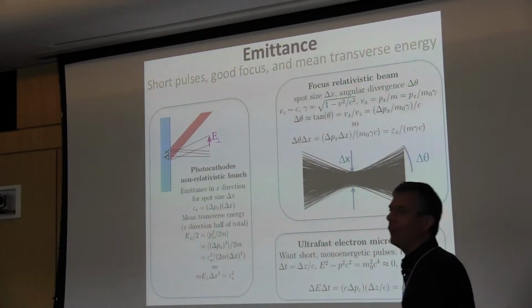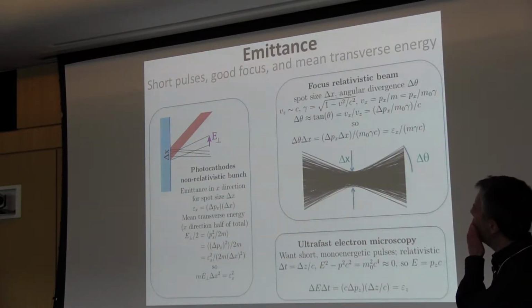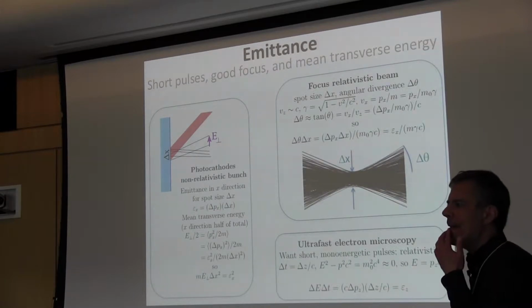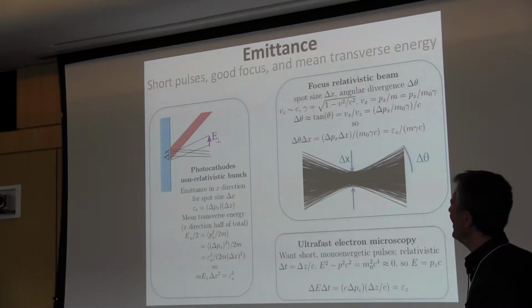What is emittance good for? Well, David Rubin challenged me to add more on emittance, and I came up with this, and I hope I haven't screwed it up. So in the non-relativistic system, like in photocathodes, there's a spot size that your laser hits.